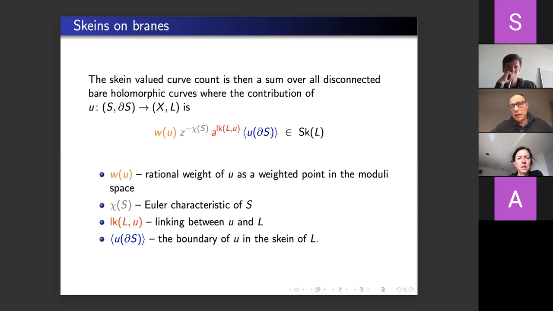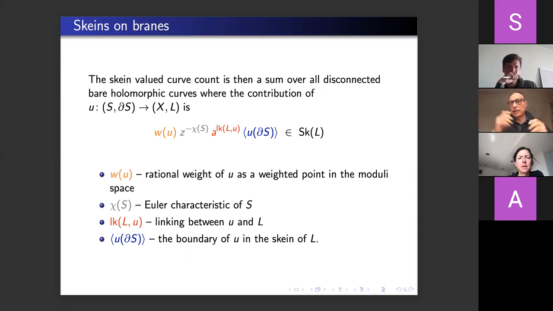And then I encode the Euler characteristic of my curve with this Z variable, so I take Z to the minus Euler characteristic. Then I take this A variable, which is the A in the HOMFLY, and I raise it to the power of this linking number. So depending on how many times I wrap around this L, I get powers of A.